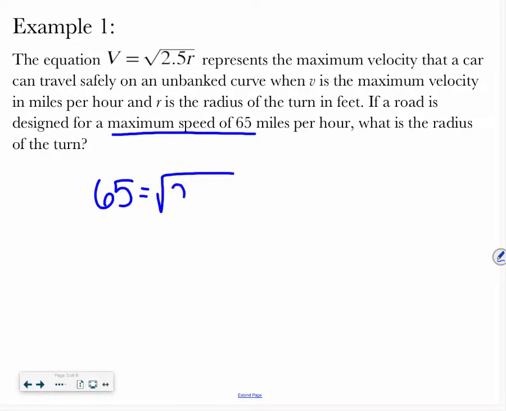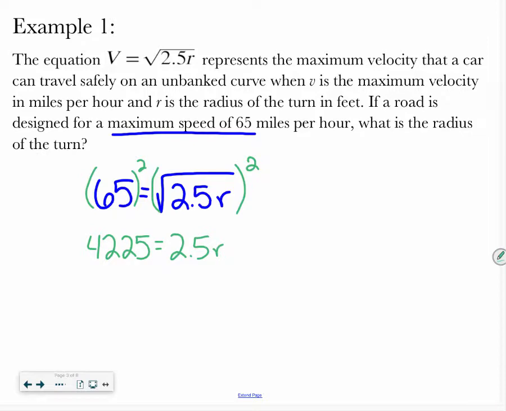65 equals the square root of 2.5r, and we're trying to figure out what r is, what the radius is. Just like we did on the last one, I want to get rid of that square root, so I'm going to square everything. 65 squared gives me 4,225, and that equals 2.5r, because the square gets rid of that square root.